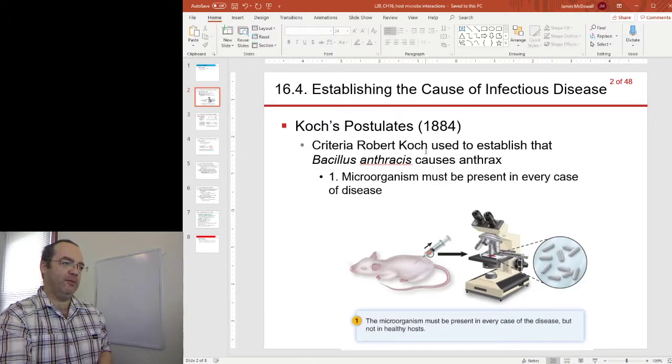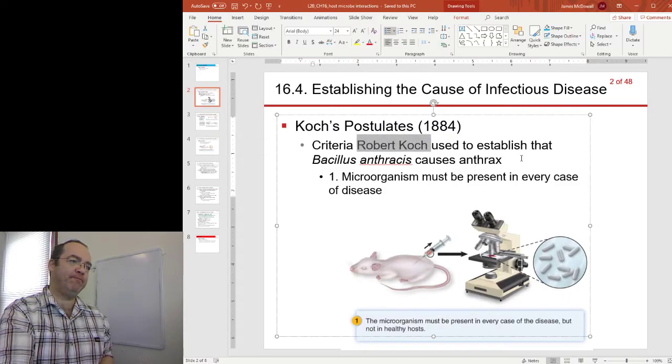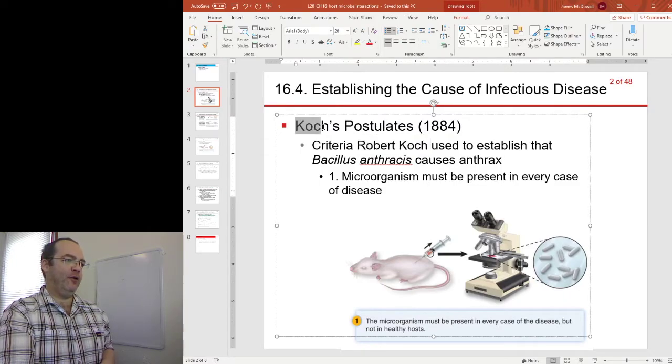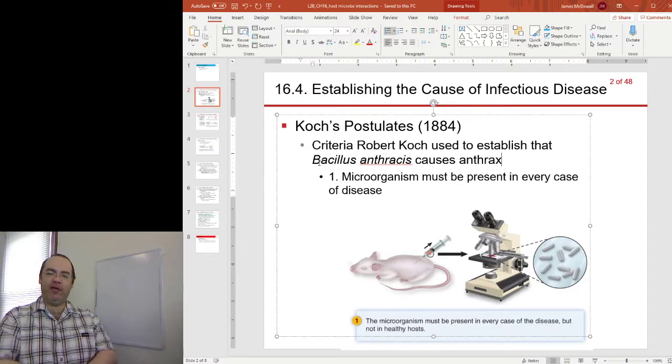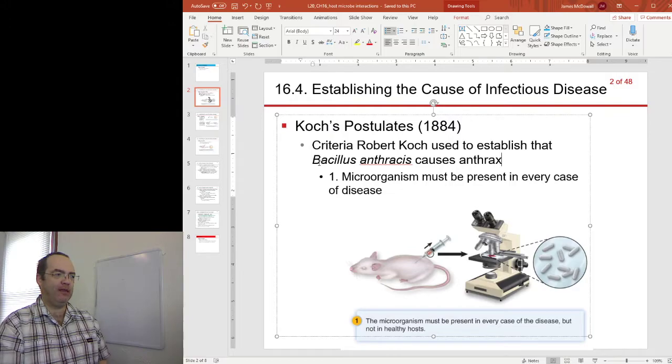Robert Koch, a very important figure in microbiology, set forth these postulates when he established that Bacillus anthracis causes anthrax. Bacillus anthracis is a spore-forming bacteria that, when it gets into the body, produces a toxin, and that toxin causes very serious disease and is often fatal.